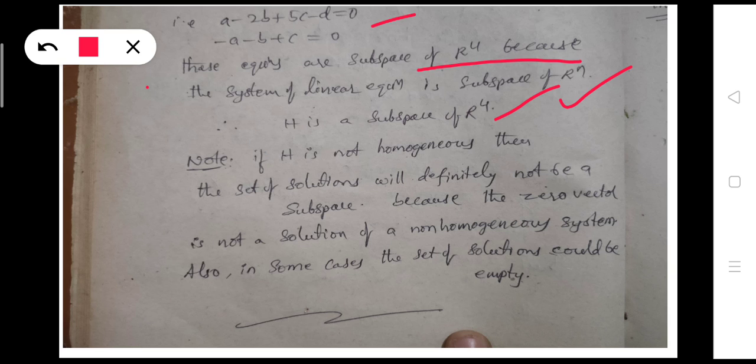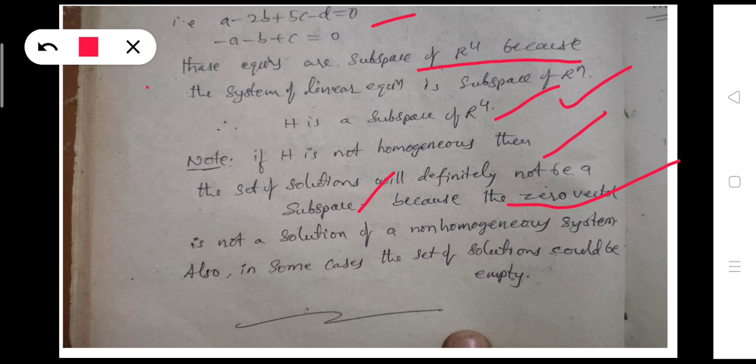Note, if the system is not homogeneous, then the set of all solutions will definitely not be a subspace, because if it is not homogeneous, the solution set does not contain the zero vector. So zero is not there, and we can't say it is a subspace of Rn.